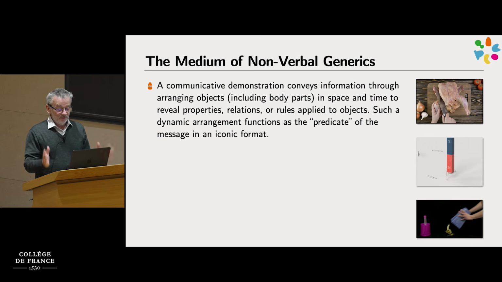In these communicative demonstrations, you arrange objects in space and time in front of your audience in order to reveal properties of objects, relations among objects, or some rules that apply to objects. These are the dynamic arrangements that function as the predicate of the message that you want to convey in an iconic format.